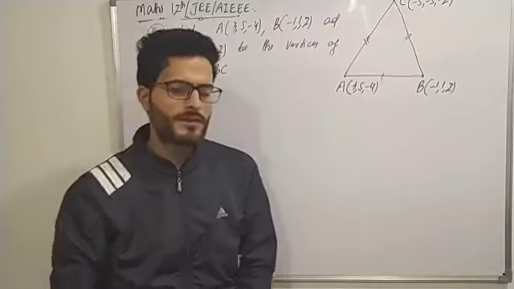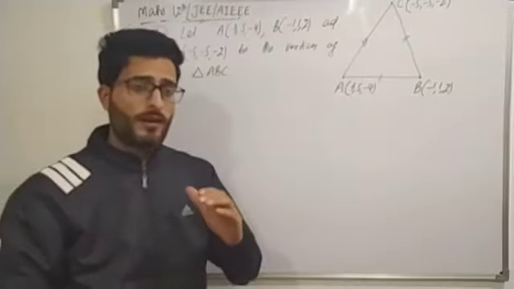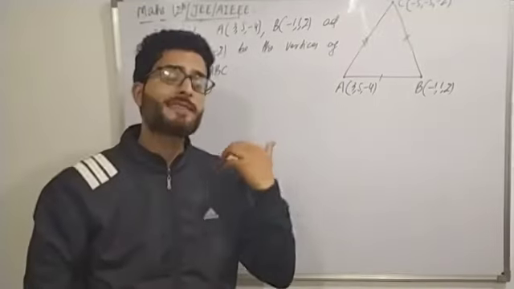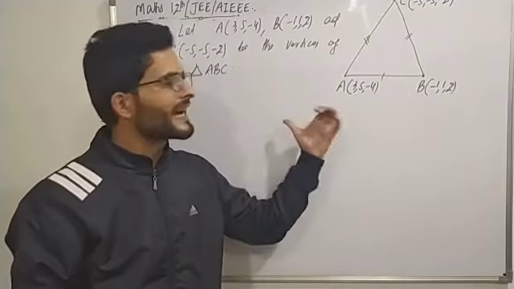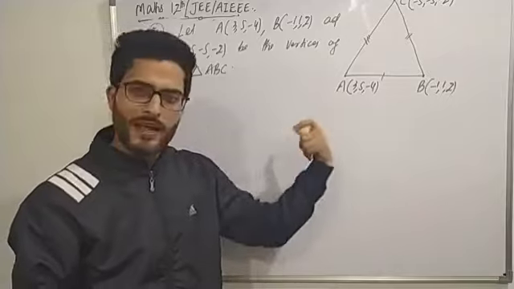So these are the 3 given vertices of triangle ABC. Now you need to calculate the direction ratios as well as the direction cosines of the sides of this triangle, meaning AB, BC and AC.